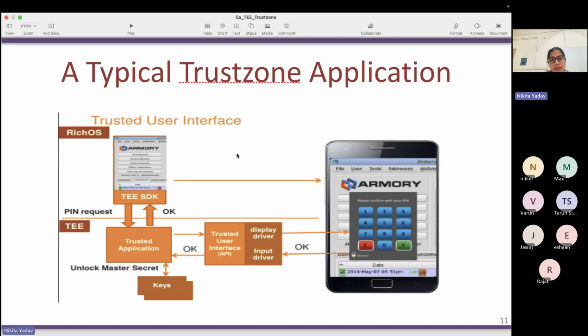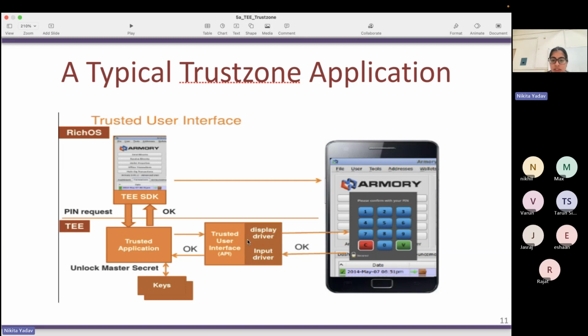So here with TrustZone, we have configured the system such that the trusted application can access the display driver.